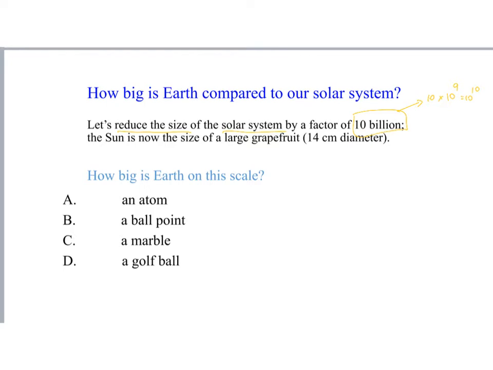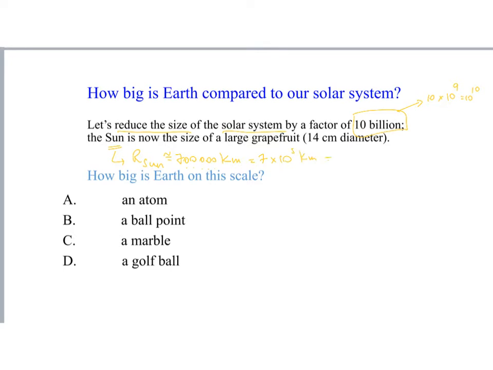All right. Okay, well, let's see how big the sun would look on that scale. First of all, the radius of the sun, we know, is about 700,000 kilometers. But I'm going to write it in scientific notation, and that's going to be 7 times 10 to, how many zeros do we have? 1, 2, 3, 4, 5. 5 kilometers.